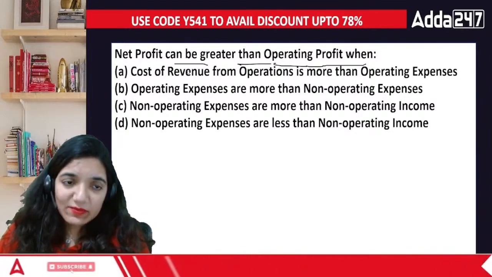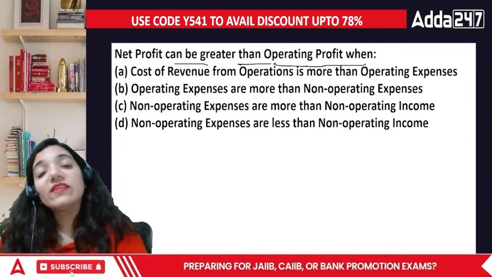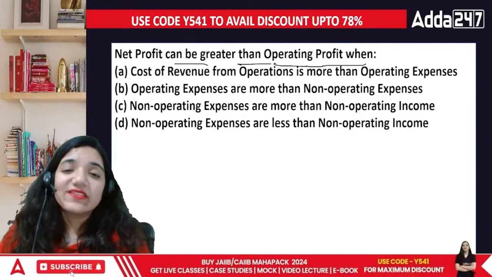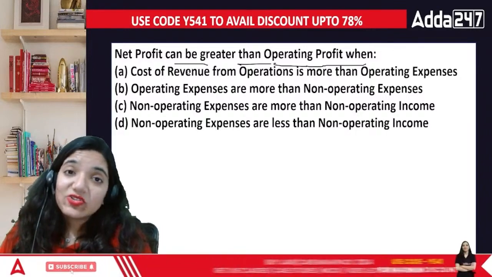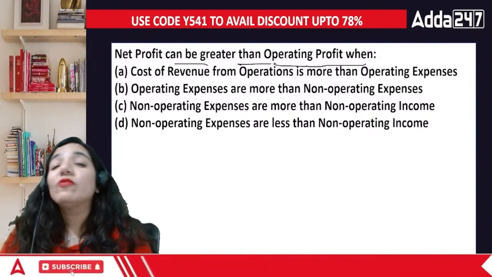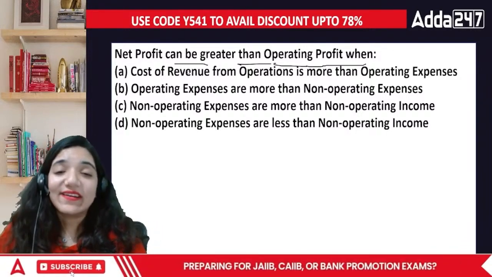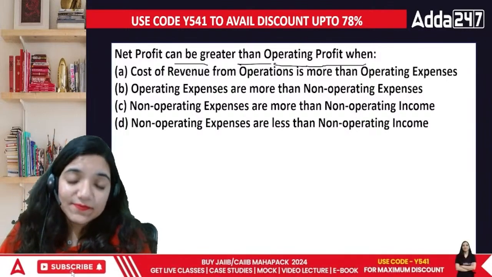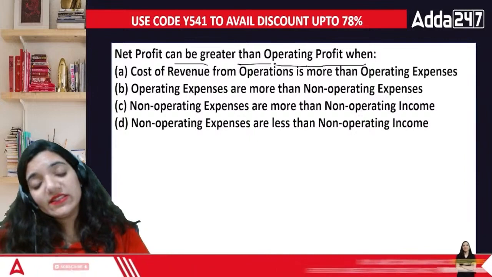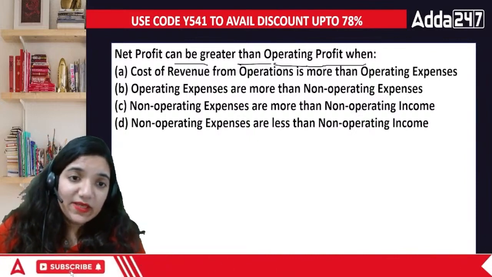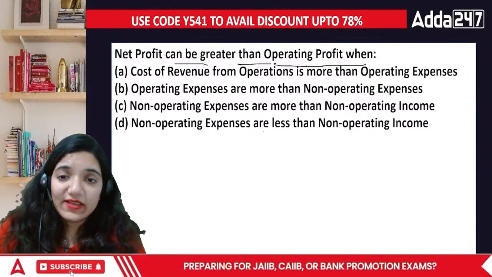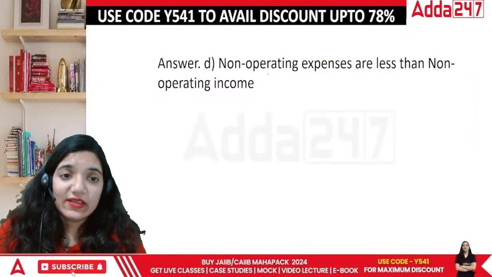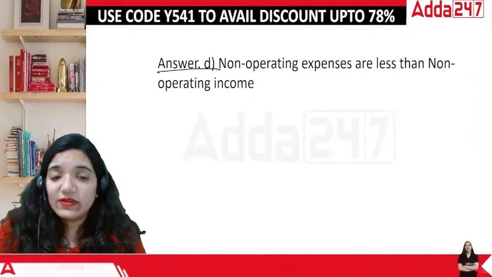You might have got some money in the business and you would have put it in the FD. Now from an FD you will receive a good interest. What is the expense? There is no expense in it. So in this case, what will happen? More of non-operating income will be added and non-operating expenses almost nil. Right? So in this case, the correct answer would be where your non-operating expenses are more than the non-operating incomes. Answer is D, everyone.